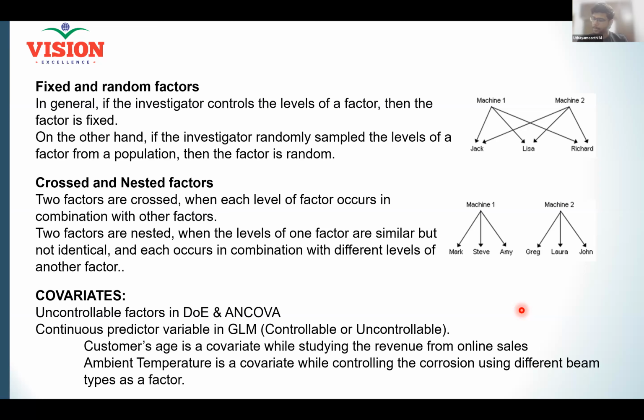But sometimes what we do is, while performing the experiment, even though we have no control over the covariates, we will record the value of it. Say, for example, I will ask, Justin, are you attending through mobile or laptop? Laptop.